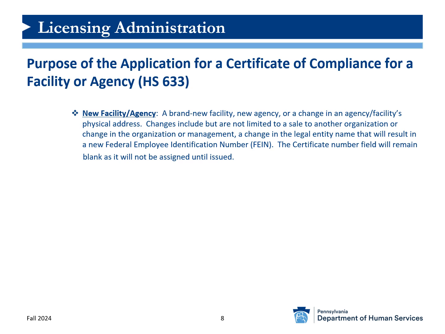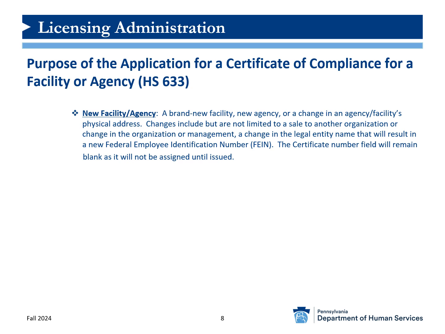Also, if there are changes that include but are not limited to a sale to another organization, or a change in the organization or management, a change in the legal entity name that will result in a new Federal Employee Identification Number, or the FEIN.